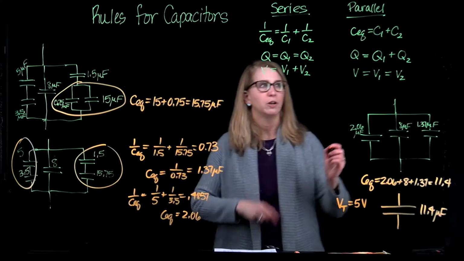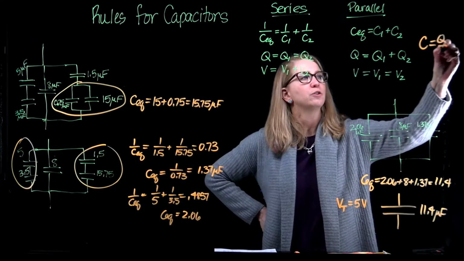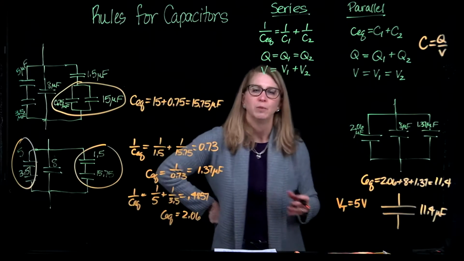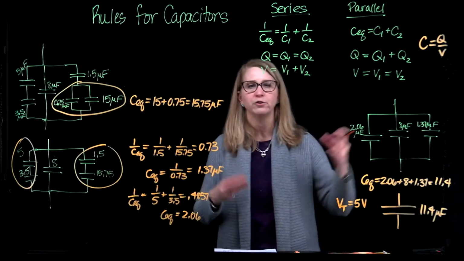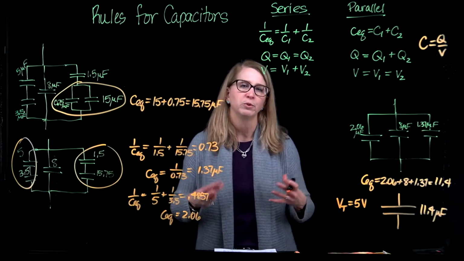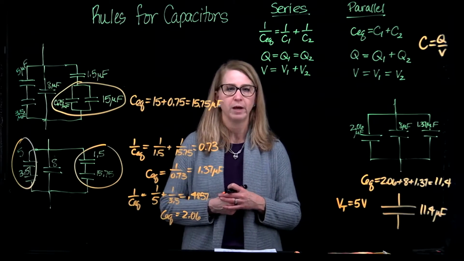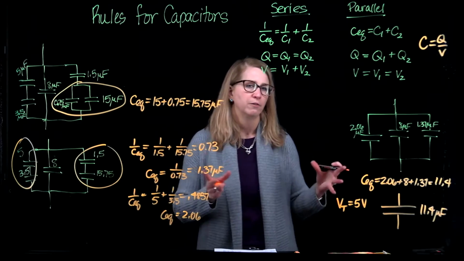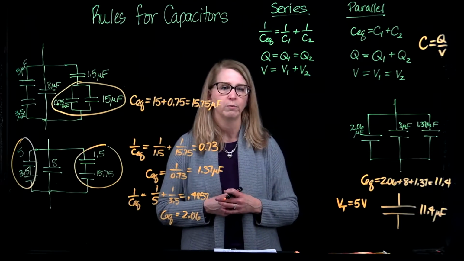And I probably should also write up here for reference, the definition of capacitance is charge over voltage. Because as I go through this, there's going to be times when I have to rearrange that expression to be able to calculate maybe either the charge or the voltage on a particular capacitor. For instance, here I have an equivalent capacitance of 11.4 microfarads.